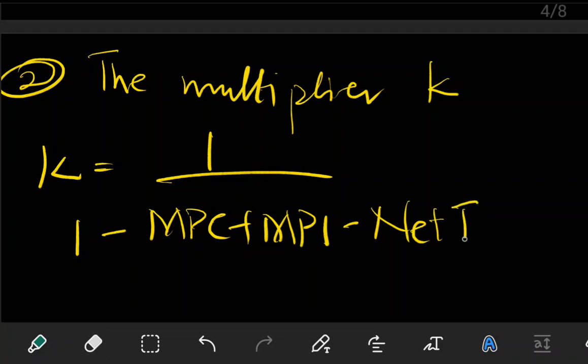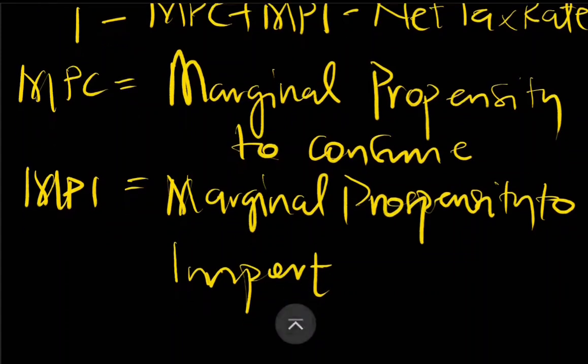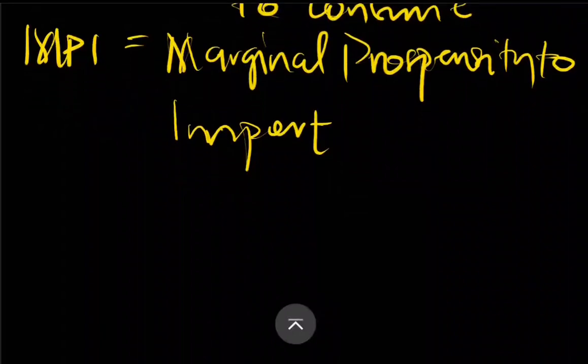We explain the variables: MPC is the marginal propensity to consume and MPI is the marginal propensity to import.